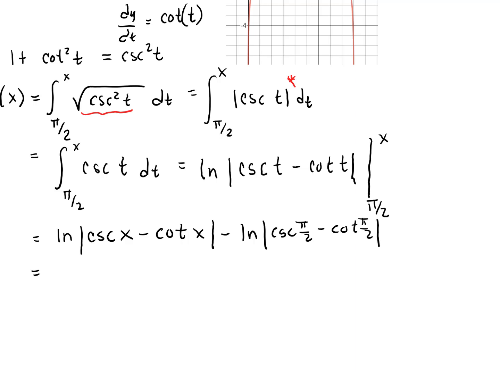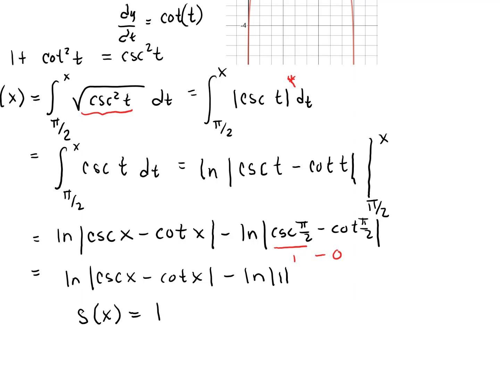And the cosecant of pi over 2 is 1, and the cotangent is 0, and so this piece becomes just the natural log of 1. But the natural log of 1 is 0, and we find that our actual arc length function, s of x, is equal to the natural log of the absolute value of the cosecant of x minus the cotangent of x.